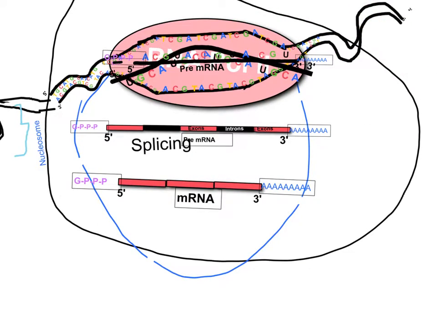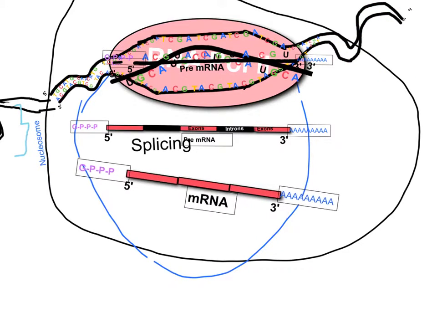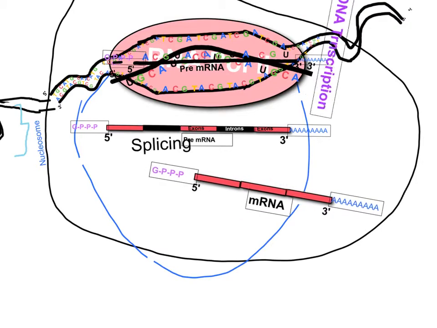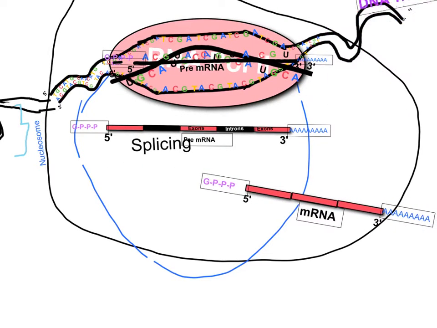So this is the total process of transcription, where a final messenger RNA is formed. This messenger RNA is now ready to leave the nucleoplasm and nucleus, and to enter into the cytoplasm to go for the process of translation.